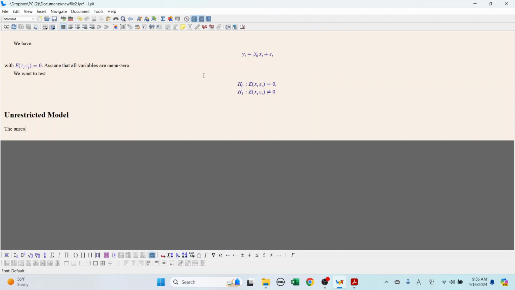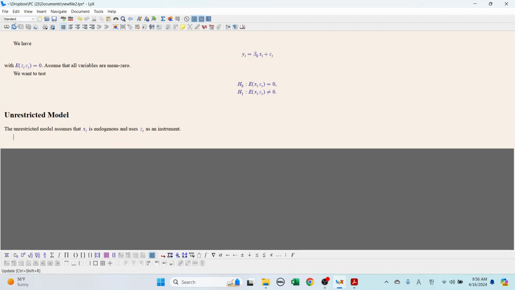The unrestricted model assumes that X is endogenous and uses Z as an instrument.